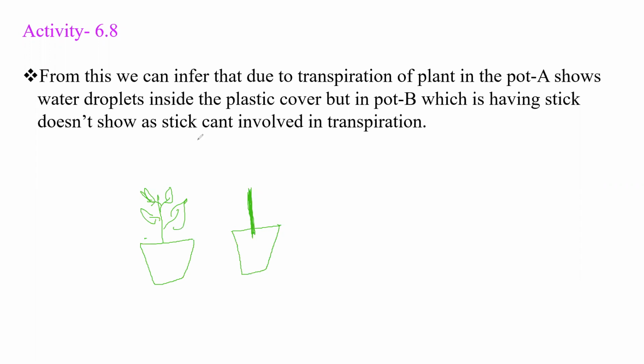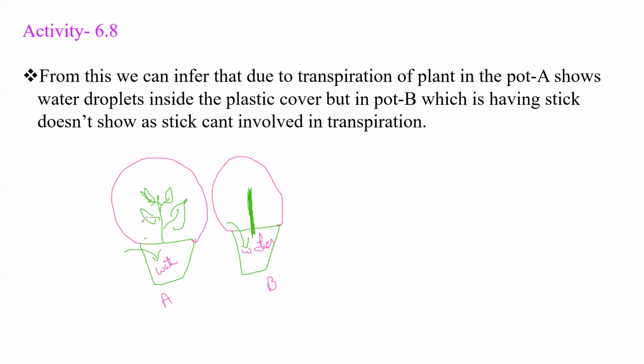Then you pour water into both the pots, pot A and pot B. After that, cover the complete pot with a plastic cover, then keep it under sunlight for nearly half an hour to one hour.